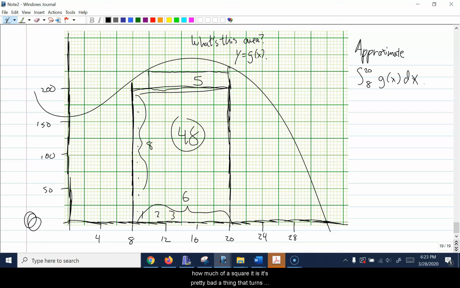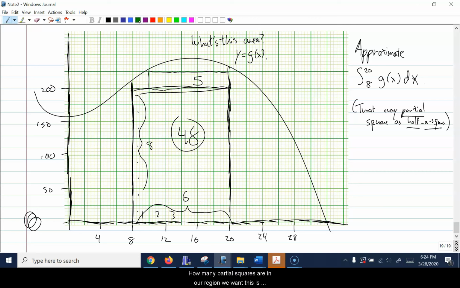A thing that turns out to be way better is to treat every partial square as half a square. Some of them will be more than half, some of them will be less than half, but if these squares are small enough, on average, it should average out to be about half a square each.